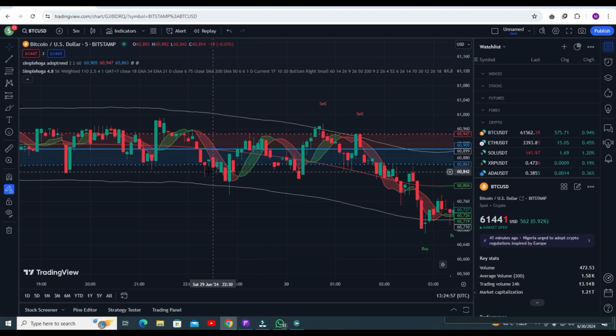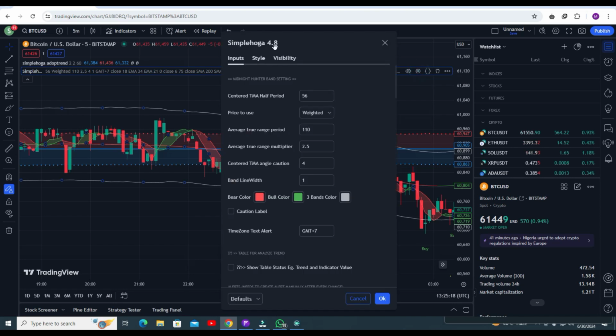I have to add two indicators, and at the end of the video I will tell you how you can get this indicator and how you can add it to your TradingView chart. These two indicators, the first one is Simple Hoga Top Trend, and the second one is Simple Hoga 4.8.